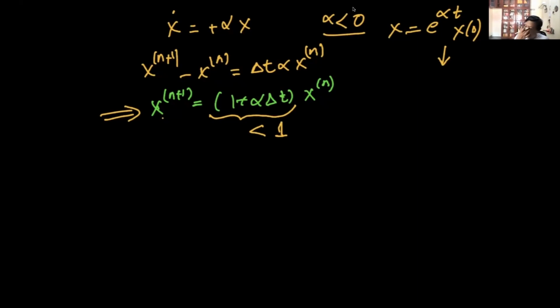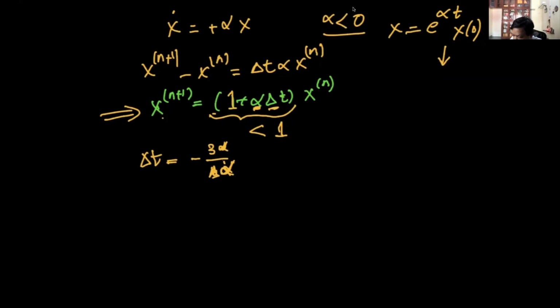Ideally, you should say mod. So the mod of x_{n+1} over x_n I want to be less than 1. Alpha is negative, please remember. So it's great if delta t is small and alpha is negative, then this object will always be less than 1, because it's 1 minus some positive number. But imagine that I choose delta t to be minus 3 by alpha.